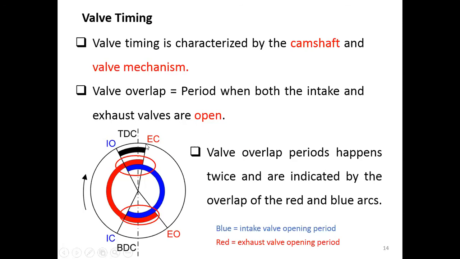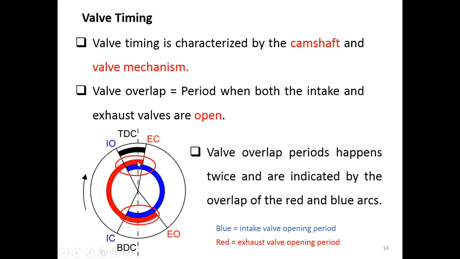So that's shown right here. It's two rounds of the circle. The first round is this, and then you have a second round here. When you see this, the blue color represents when the intake valve is open, and the red color represents when the exhaust valve is open.